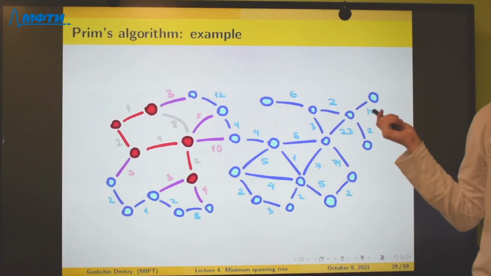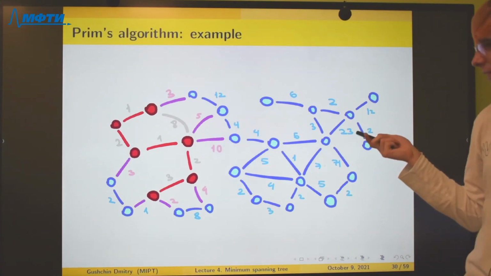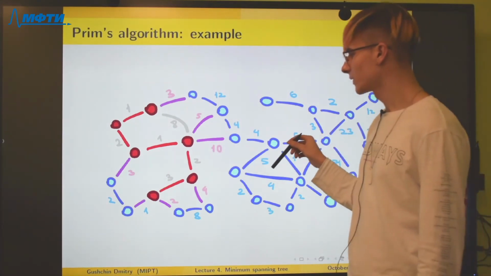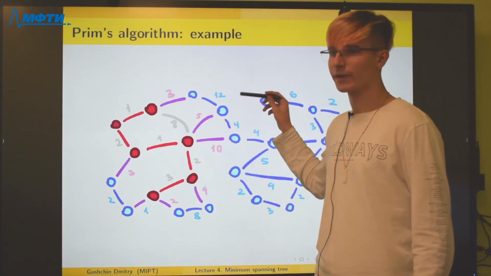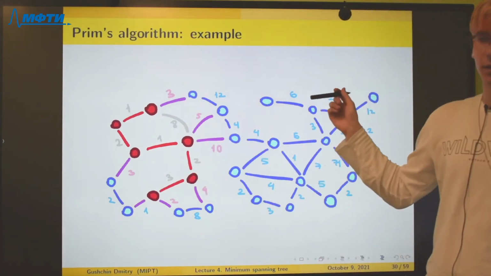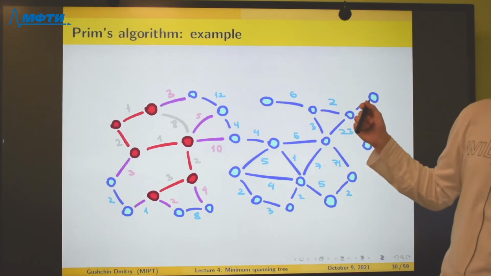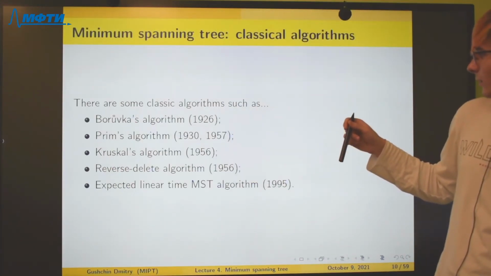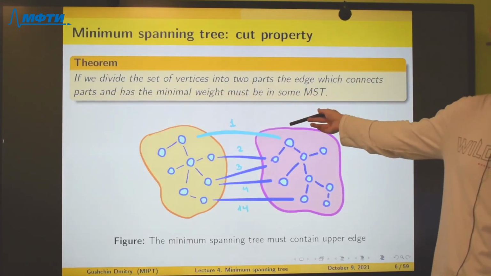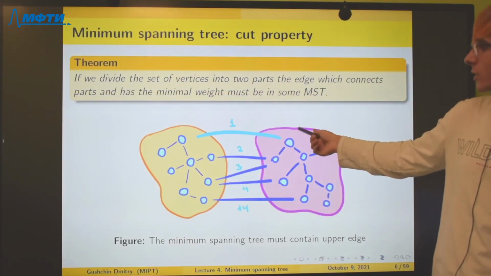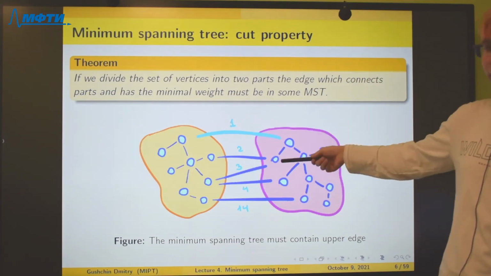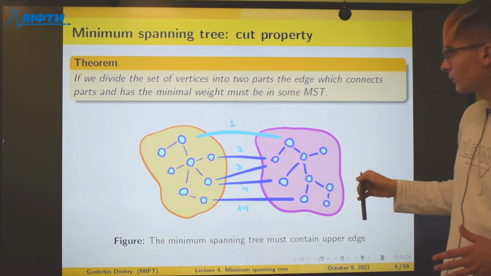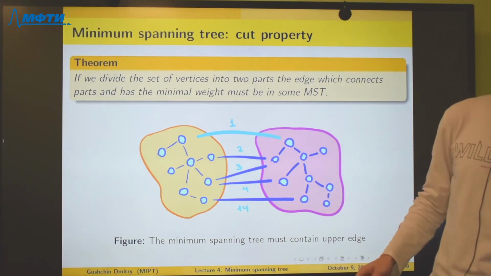It is a greedy algorithm, and in each step we take the minimum edge of the cut, and we proved before the cut property. Remember, in each algorithm it is the main part that theoretically proves why we get a minimal spanning tree.